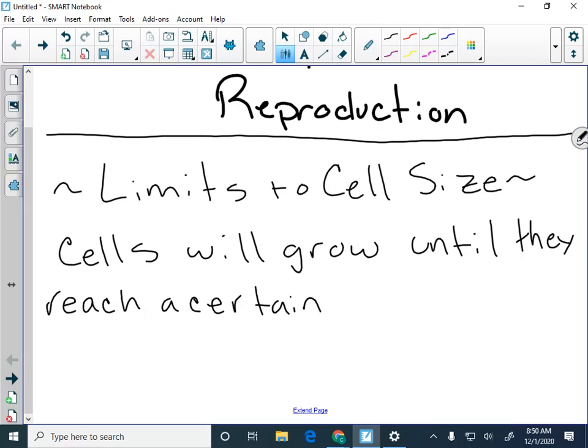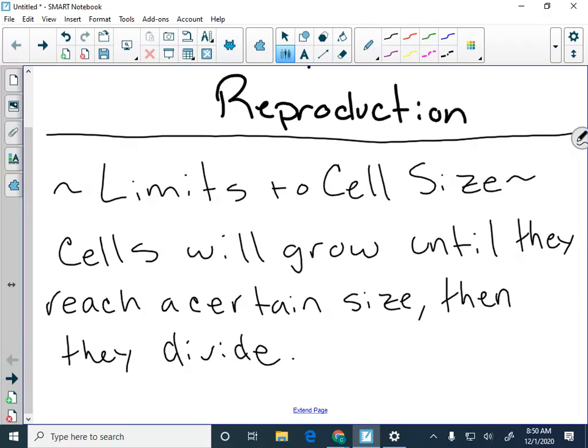And when they reach that size, they'll divide. So instead of us just being one big heart cell, one big skin cell, one big liver cell, we've got a bunch of cells that do the same kind of function, because as cells get bigger, they eventually have to break down and divide.